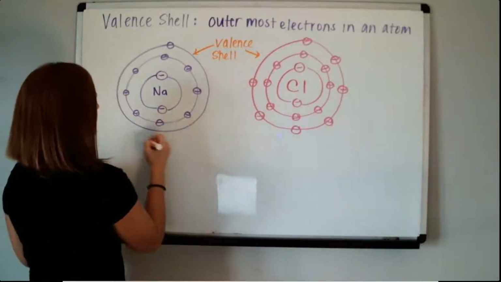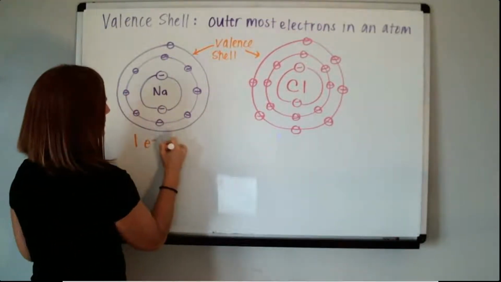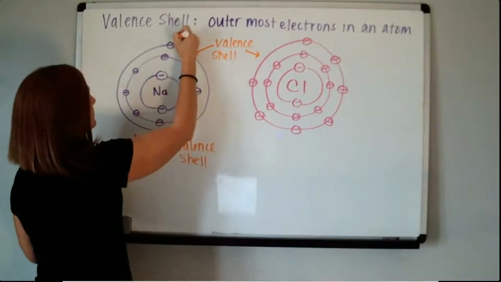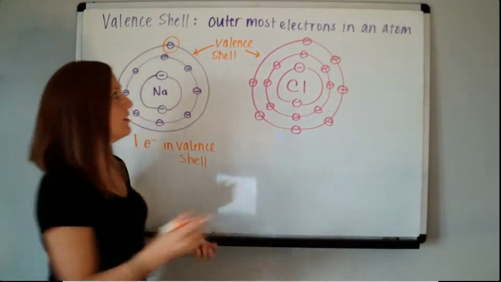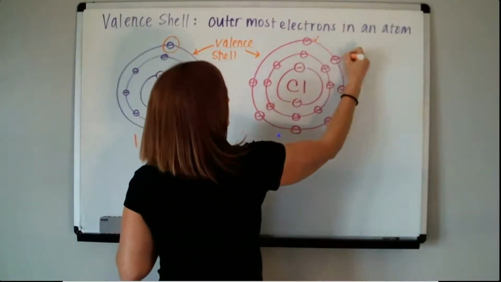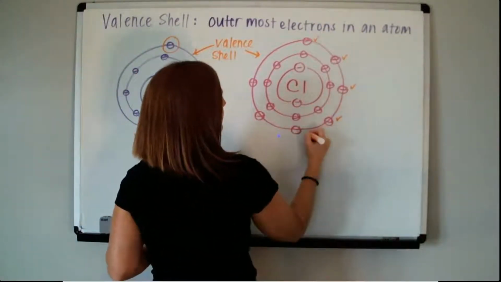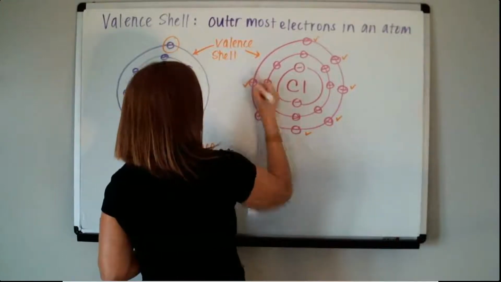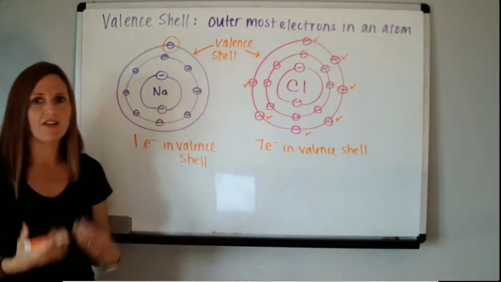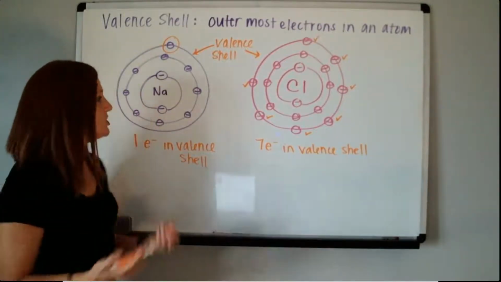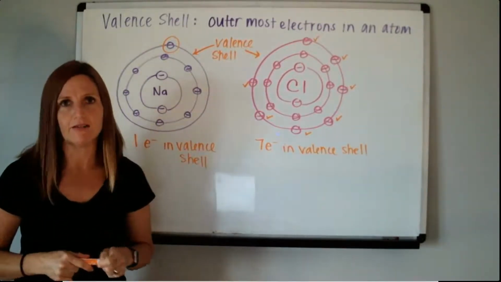In sodium, there is one electron in the valence shell, right here. This is it, one. For chlorine, there are 1, 2, 3, 4, 5, 6, 7 electrons in the valence shell. This valence shell changes the way an atom behaves.